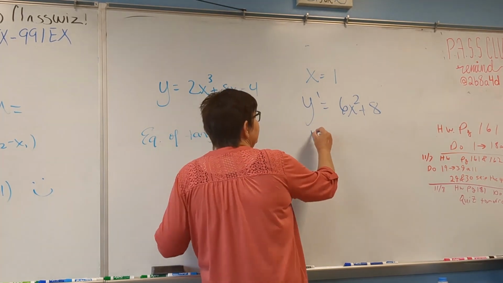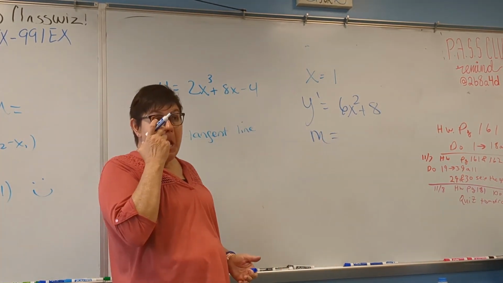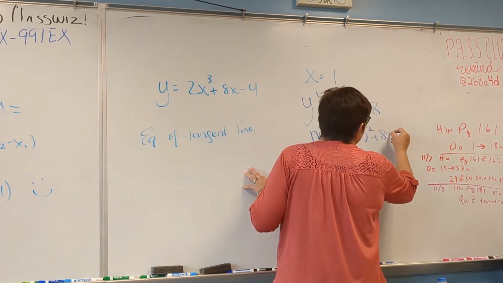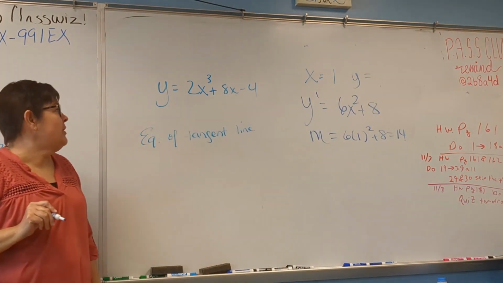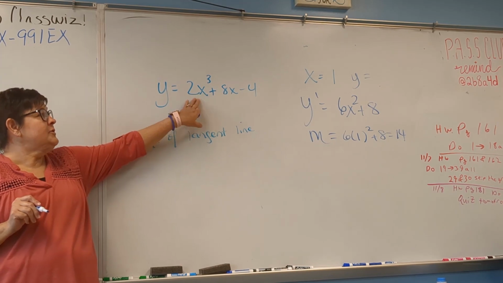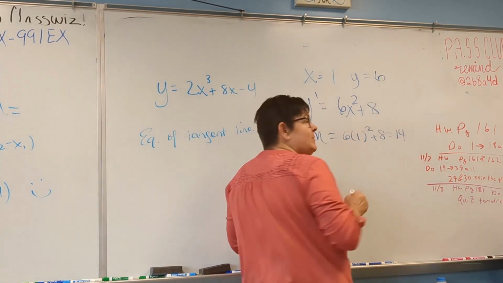What is the slope? 14. Okay, how'd you get it? Plug in 1. And then what's the y value? 6. How do you get it? You plug in 1 to the original equation. So you have 2 plus 8 is 10 minus 4 is 6. Any troubles with that?